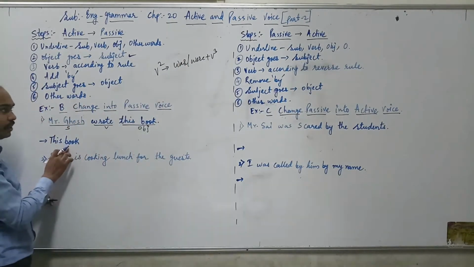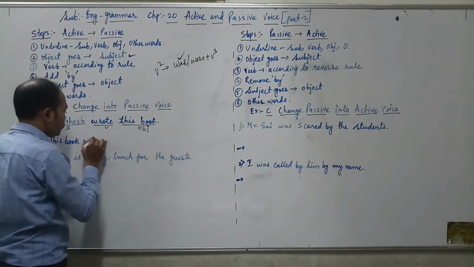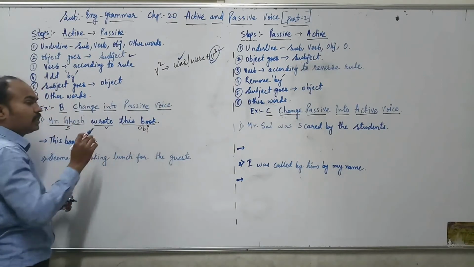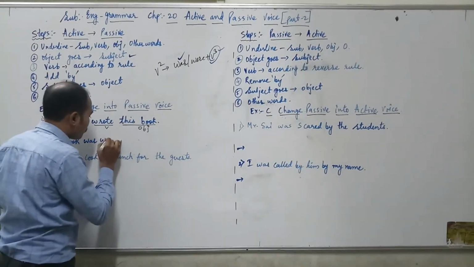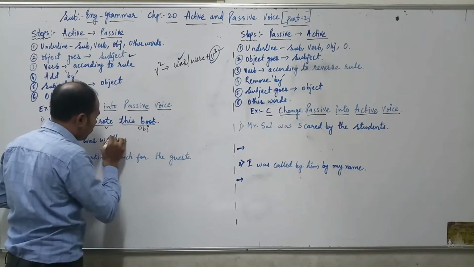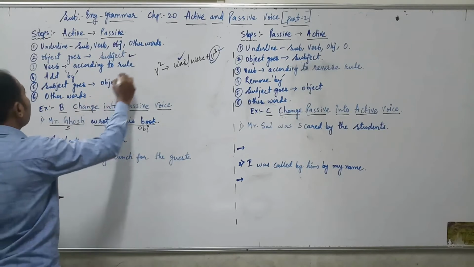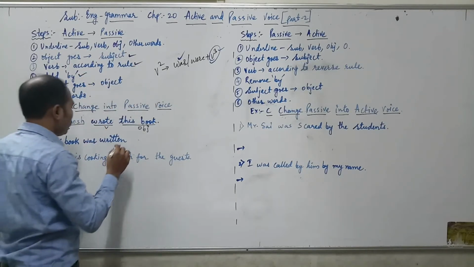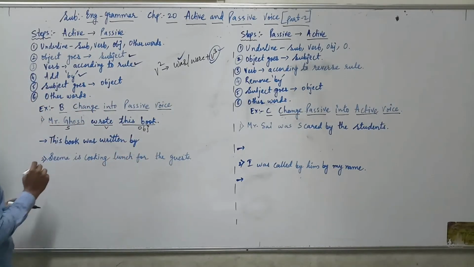So here wrote will be changed according to was, were and V3. This book is a singular subject. We will write down was and then the third form of the verb. Write, wrote, written. W-R-I-T-T-E-N. Written. After writing the verb, you have to add by. By is a preposition.